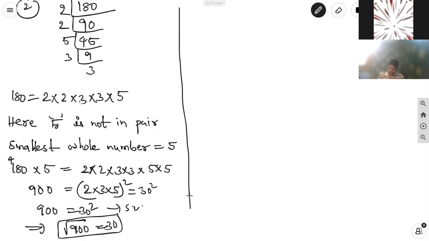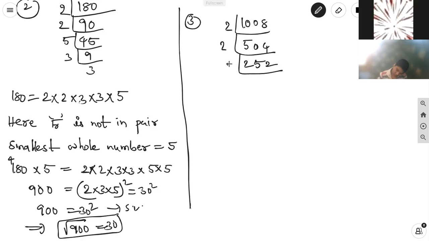Okay. Third problem. 1008. Divide with 2, or we can find the prime factors by the method of prime factorization. 2 5s are 10, 2 0s are 0, 2 4s are 8, 2 2s are 4, 2 5s are 10, 2 2s are 4, 2 1s are 2, 2 2s are 4, 2 6s are 12, 2 6s are 12, 2 3s are 6, 3 2s are 6, 3 1s are 3, 3 7s are 21.